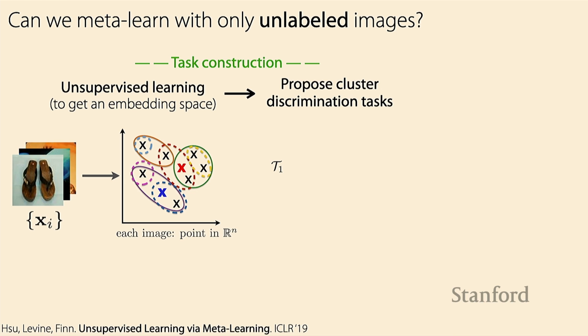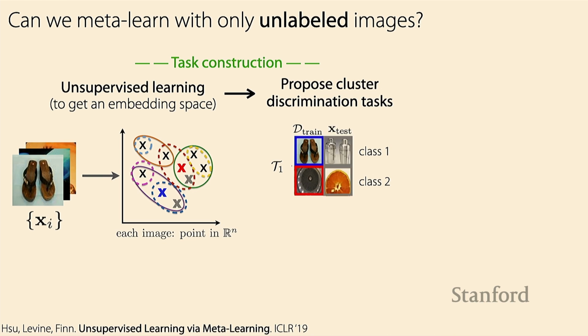To propose a task, once we have this embedding space, if we want to do a two-way classification task, we first sample two clusters, like the red cluster and the blue cluster. We sample two images from those two clusters, the blue image and the red image. That gives us a support set for that task. Then to get a query set, we sample two additional examples from each of those clusters.